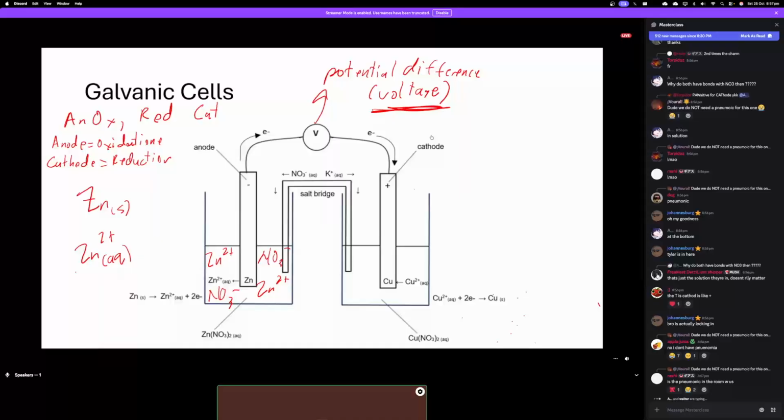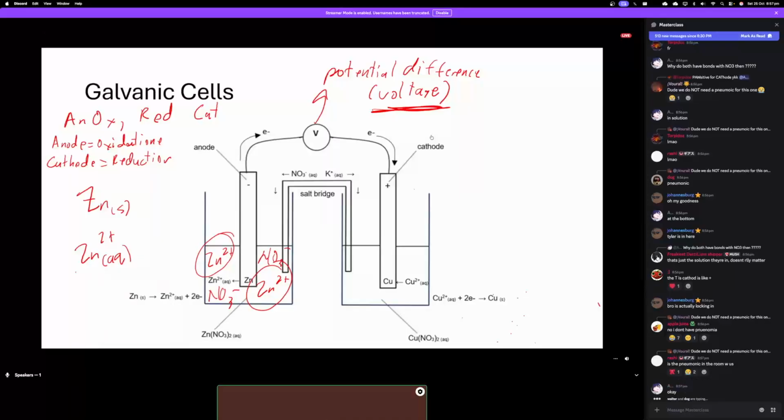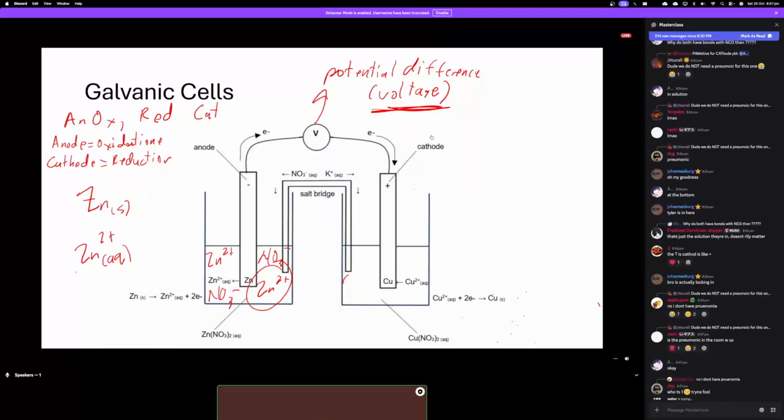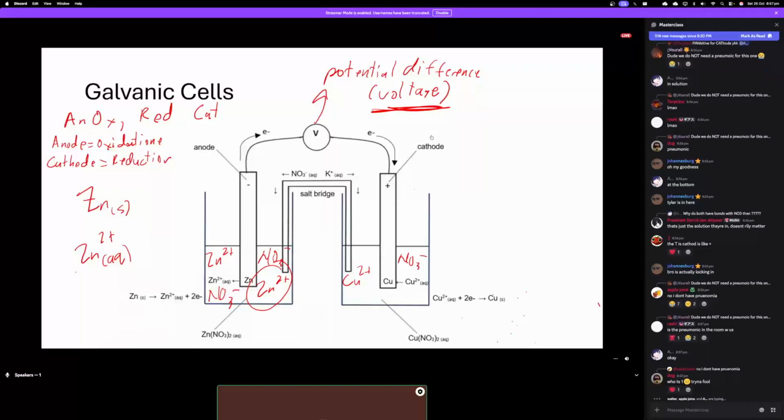And same thing here. This is a copper nitrate solution. There is just copper 2+ and just some NO3-. If you didn't have this, the charges would automatically be unbalanced.